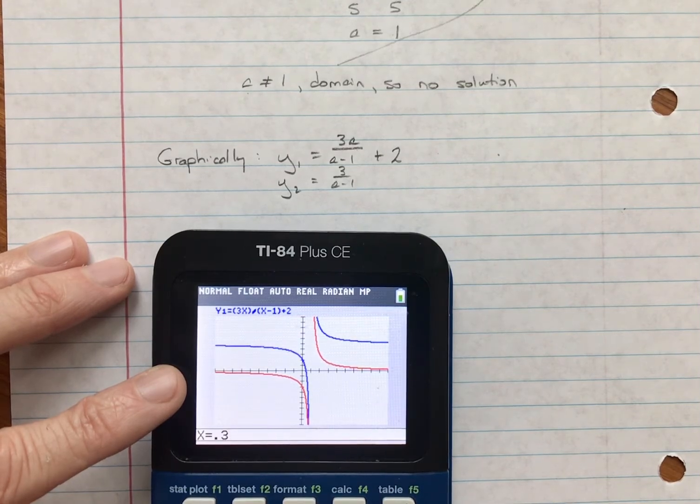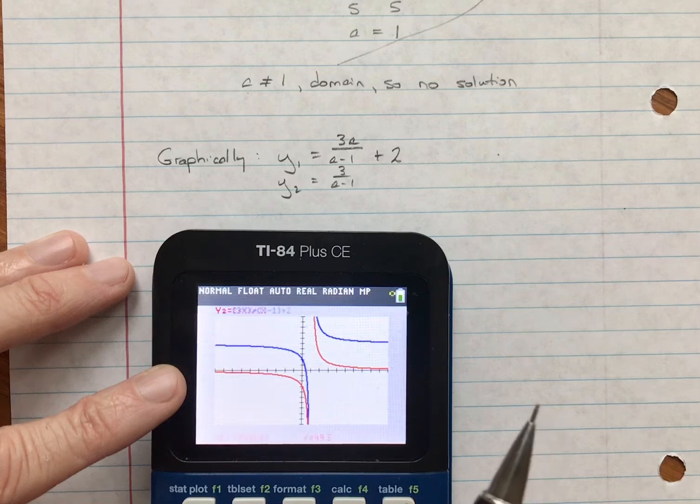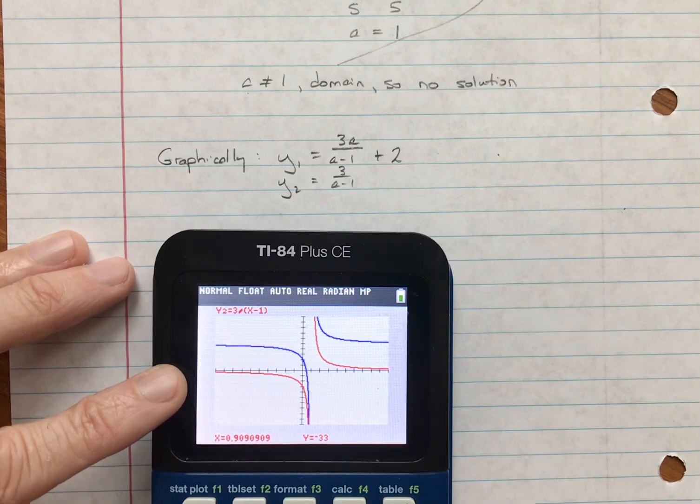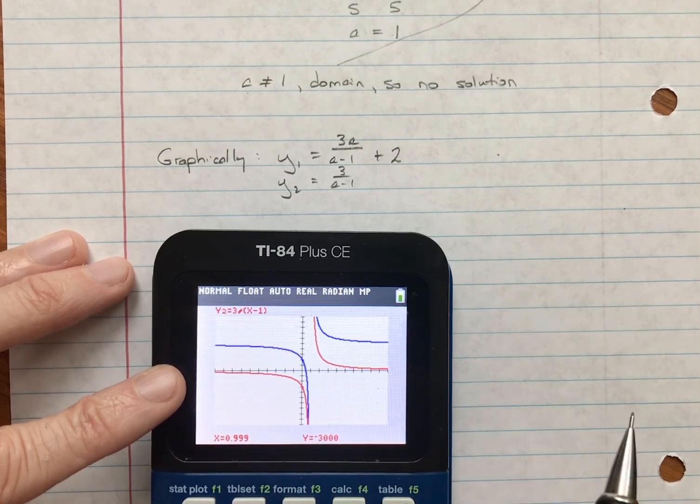We'll notice that in the y1 equation we get 2995. And in the y2 equation, for 0.999, I get negative 3,000. So they are not the same. They never touch one another.